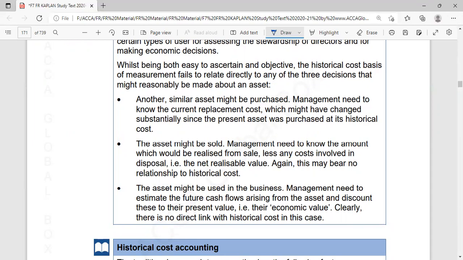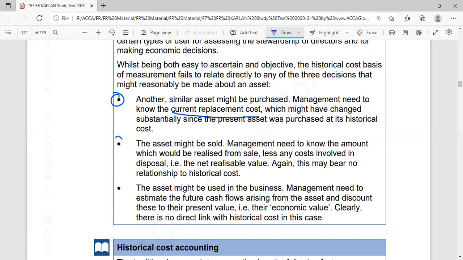We provided depreciation for these 5 years, so the book value of the asset is around 40,000. If I want to purchase the same machine at present, how much amount would I have to pay in the market? That is said to be current cost, or replacement cost.